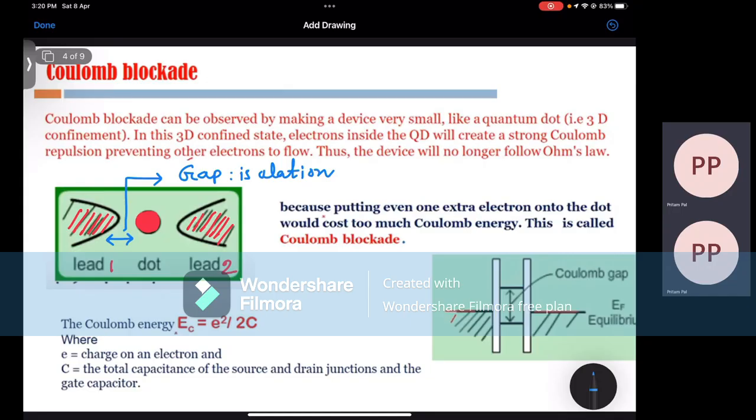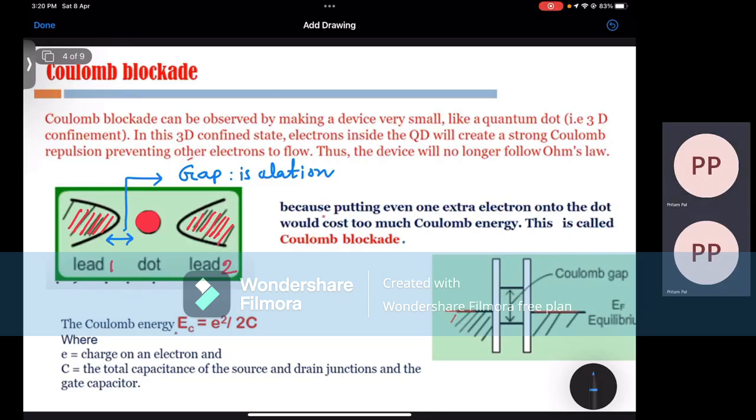But when the dimensions of the dot are very small, only a few electrons can be accommodated, so no scattering or screening effect is present there. Whatever electrons are present will create a field in this quantum dot, right?